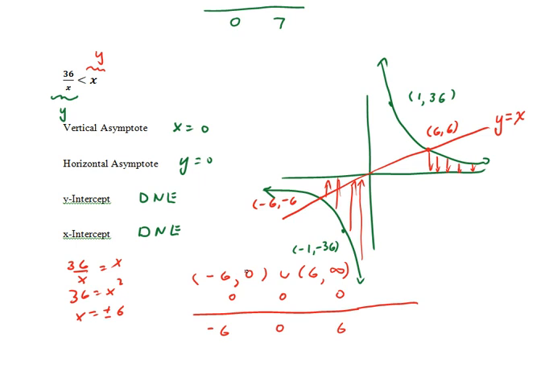The interval from -6 to 0 will include a segment between those two open circles, and then a ray to the right of 6 going to infinity. And that will describe where the solutions of the inequality 36 over x less than x occur.